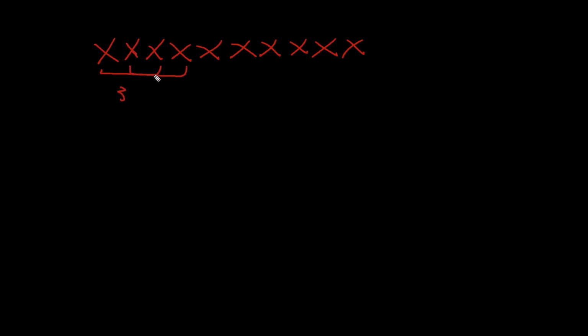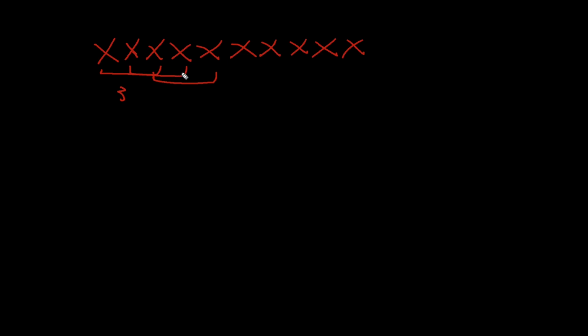So what I mean is like this. If we know the length of the substring we're trying to check, we can simply use a sliding window of size 3, and then we move it from here to here, and then to here. Every time we have a new string, we can simply store that string into a hash table or set.